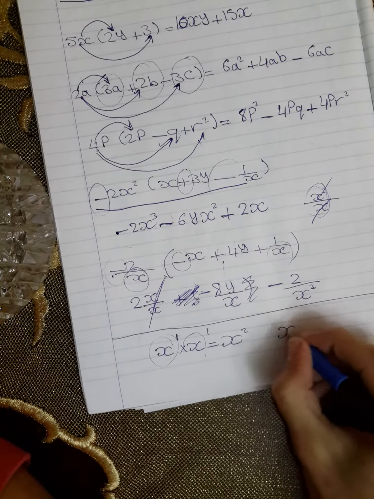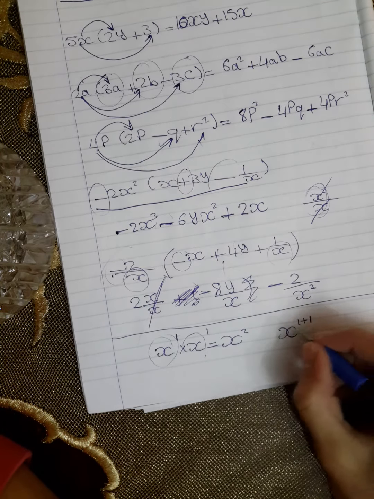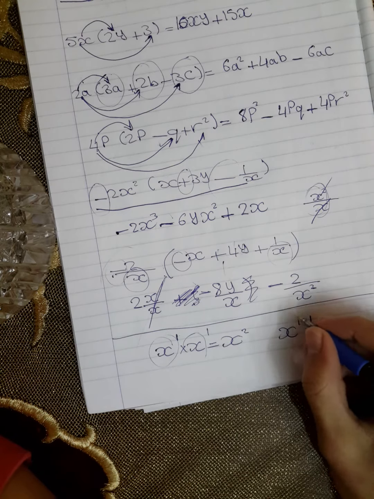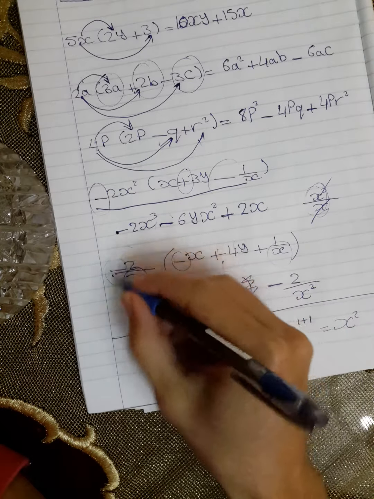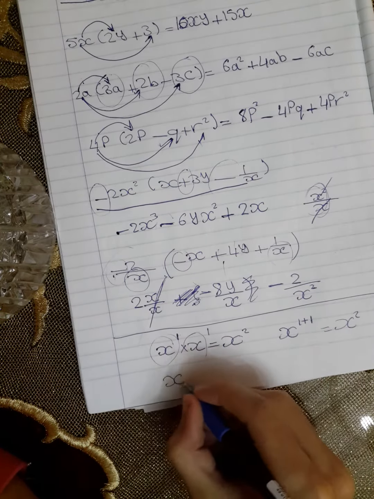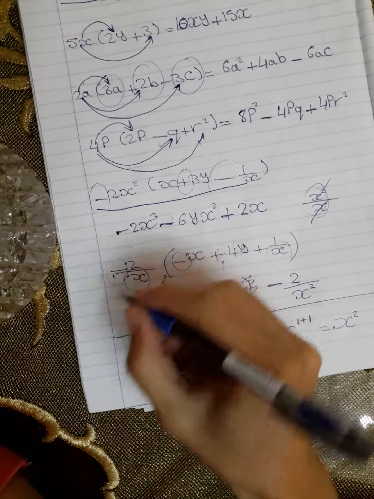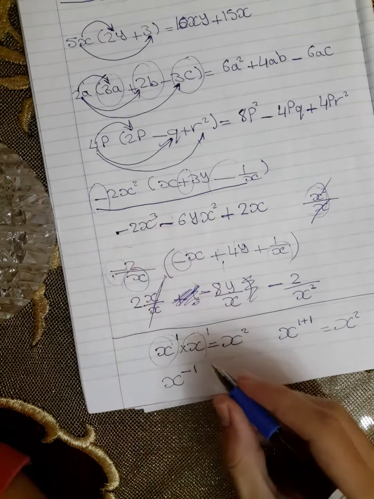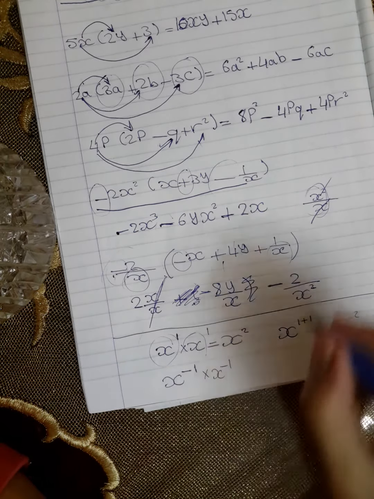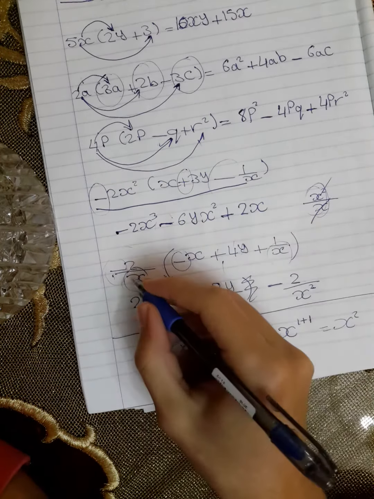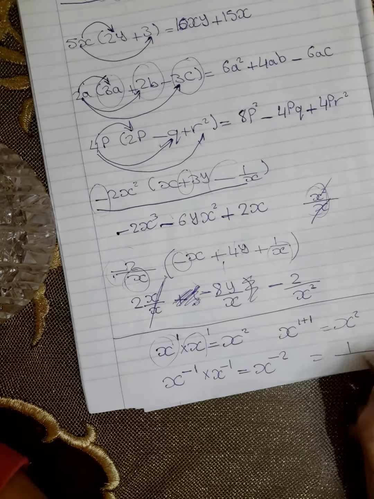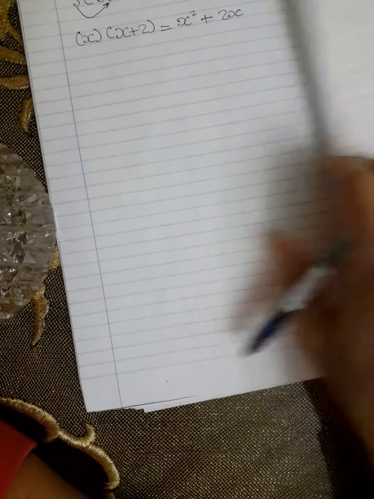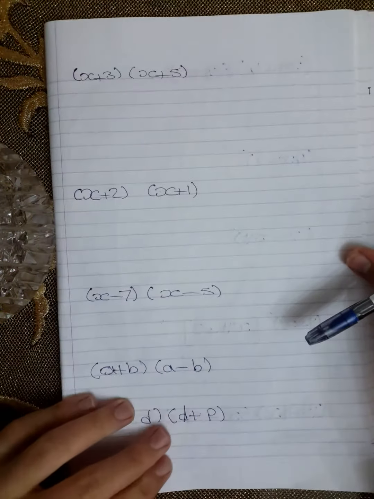I just added the powers, x power 1 plus 1, that is x power 2. So if I have x power negative 1 because the x is in the denominator, times x power negative 1, the same as the first one, so x power negative 2, that equals 1 over x squared. This is just a small hint for this problem.